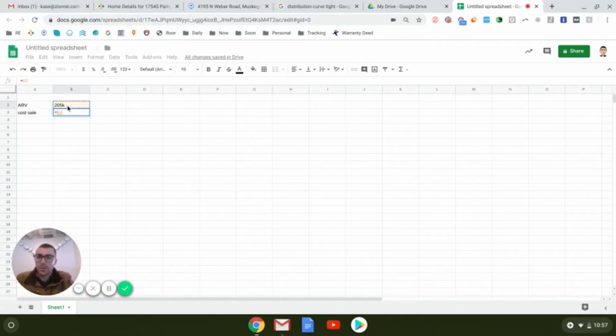So I'm going to go ahead and put this to 205,000. And we're going to use the formula. So cost of sale, we're going to say our cost of sale is equal to the 205,000. Now, because we have to close the property, sell the property, pay title insurance and commissions again, we're actually going to multiply by 0.092.